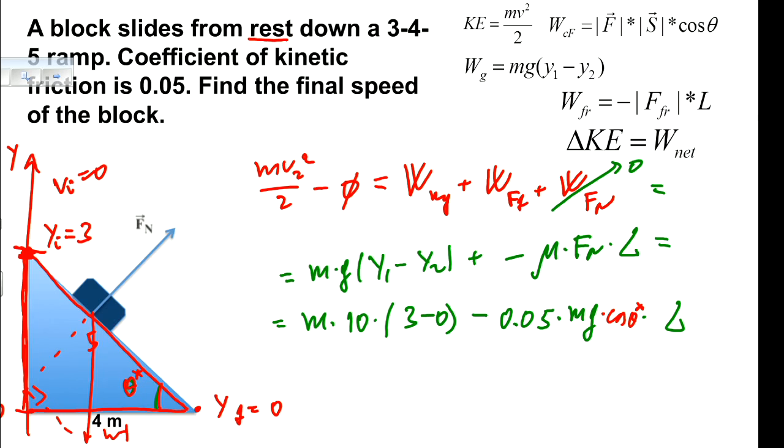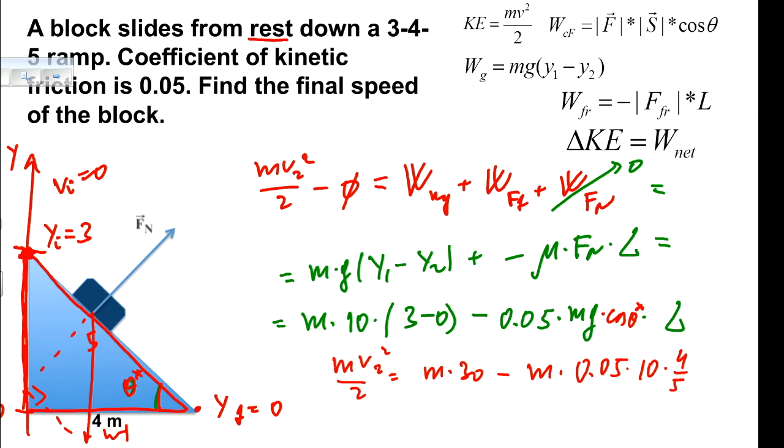So first we need to simplify the equation. mv squared over 2 should be equal to m times 30 minus m times 1.5, 10 cosine of theta. Cosine of theta actually is just 4/5.